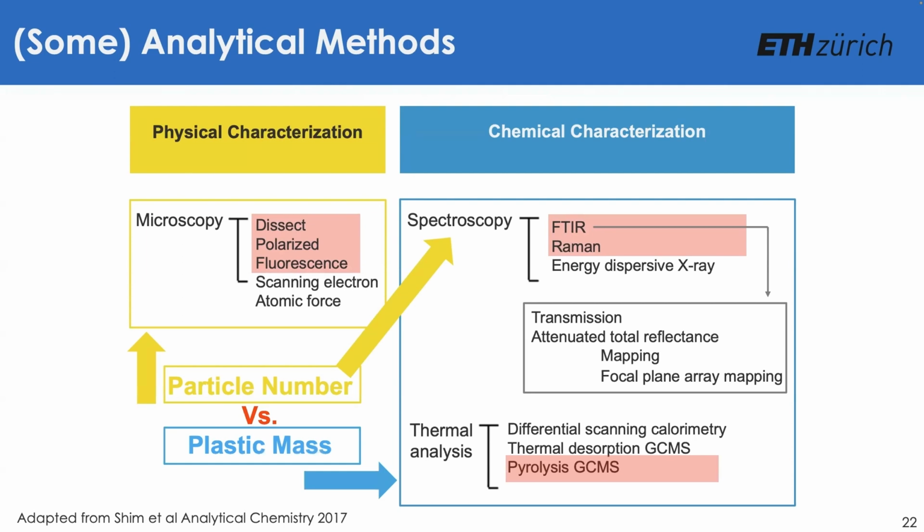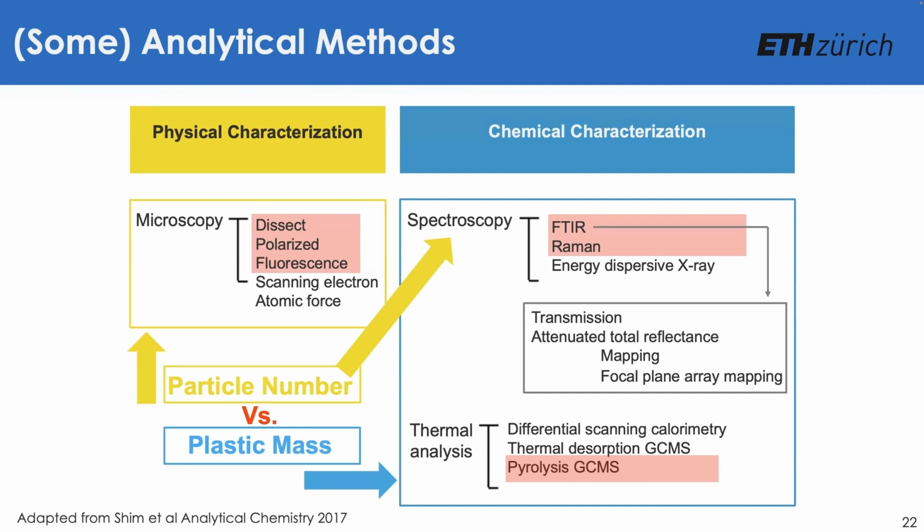So some of those, like microscopy and spectroscopy, when it's coupled with microscopy, will give you information on particle number. But when we look in thermal analysis and look at pyrolysis GCMS, this is only going to give you plastic mass. So again, it really depends on which type of metric that you're interested in for your study.